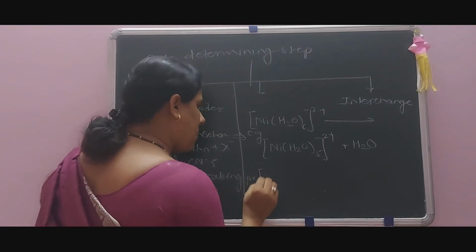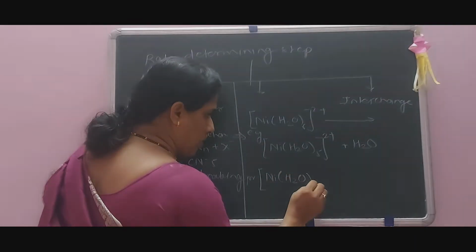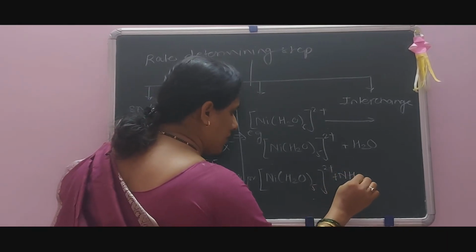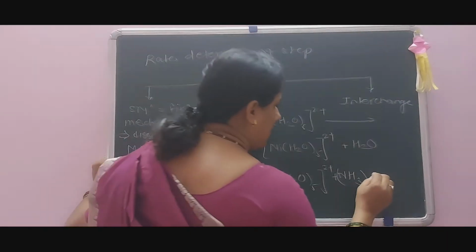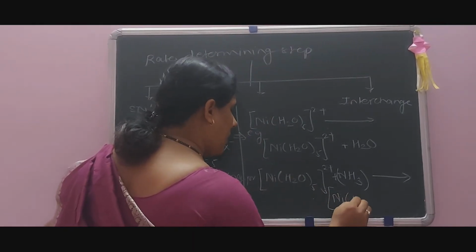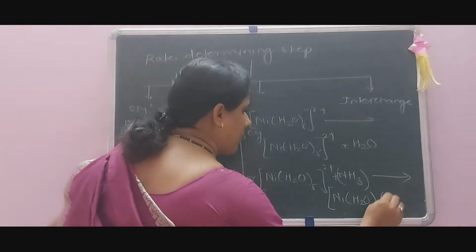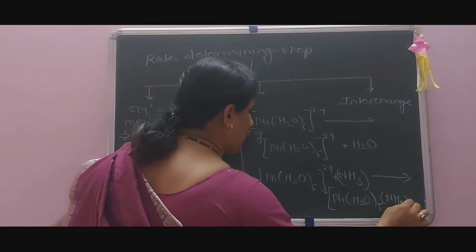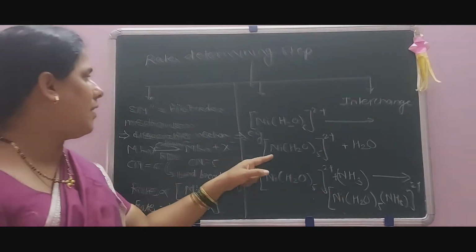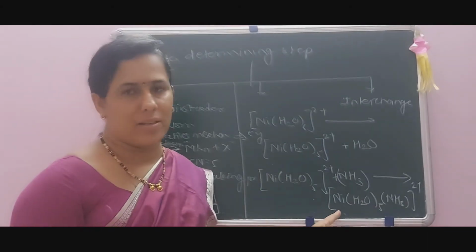In the second step, Ni(H2O)5 2+ with NH3 gives rise to the formation of Ni(H2O)5 NH3 2+. Thus, this is an example of a dissociation, that is an SN1 reaction mechanism.